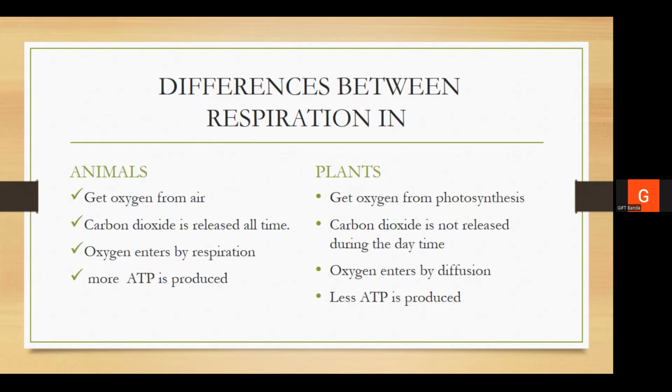In animals, carbon dioxide is released all the time, while in plants it is not released during the daytime. Oxygen enters animals by respiration, but in plants oxygen enters by diffusion. More ATP is produced in animals, but here less ATP is produced. We'll talk more about ATP.